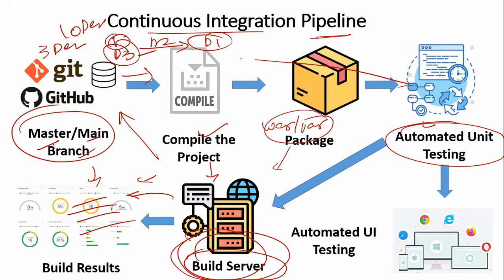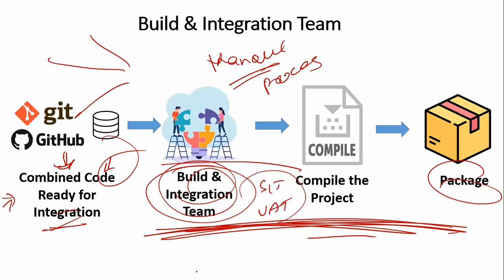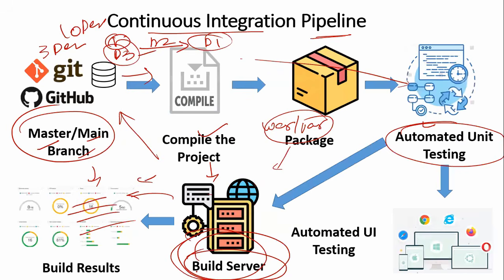Suppose because of developer 3's requirement something happened, then the failure will be known to every developer. There is nothing called a build and integration team. They will drop a mail, everything is fully automated, and even the customers and clients, whoever is in that team, will know clearly what is happening. So now they will have a better idea.